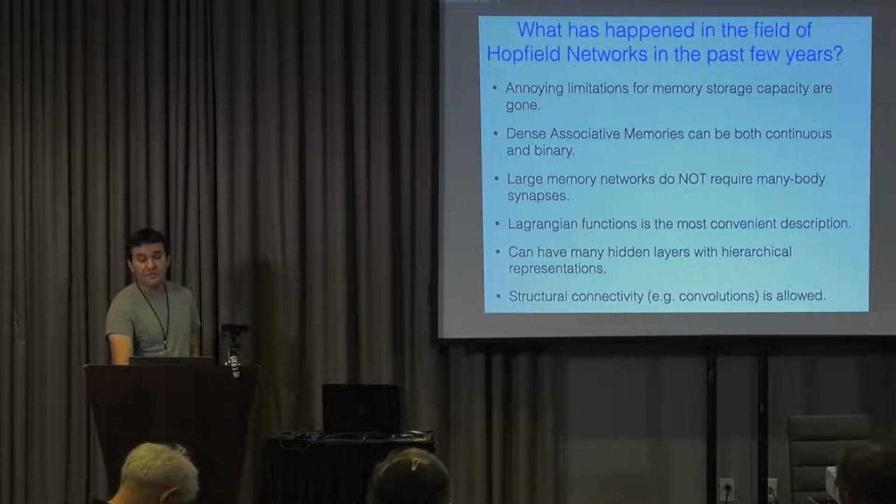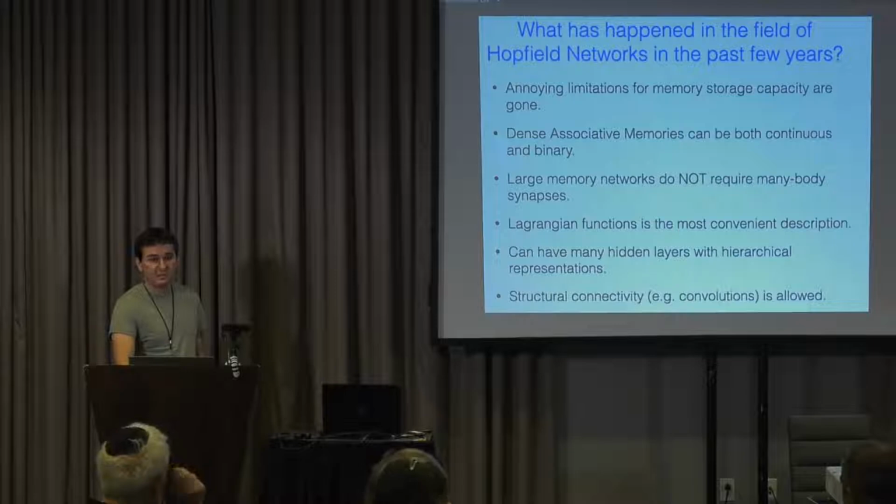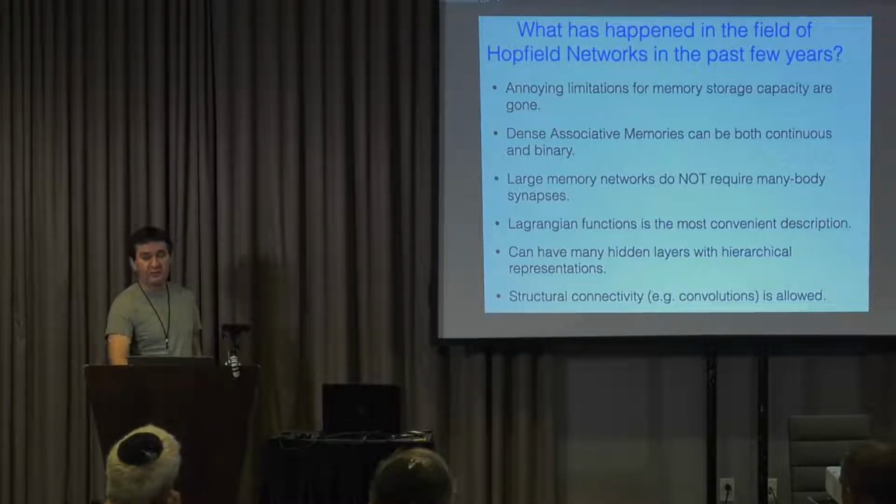Dense associative memories can be both continuous and binary. There's absolutely nothing special about a binary case. You can make them continuous, you can backpropagate through them, you can do all the nice tricks that we like to do in machine learning. They do not require many-body synaptic weights. They can be perfectly formulated in a very nice pairwise fashion.